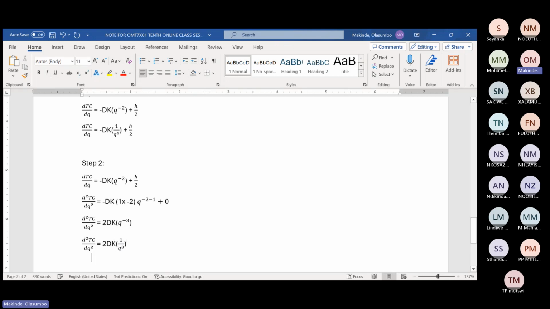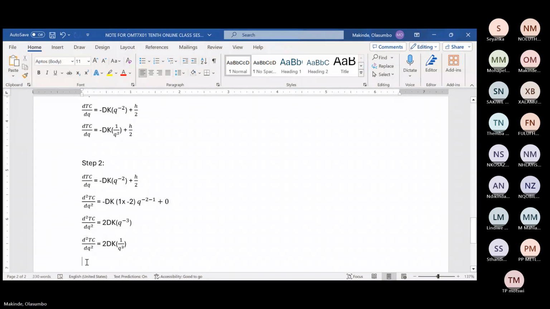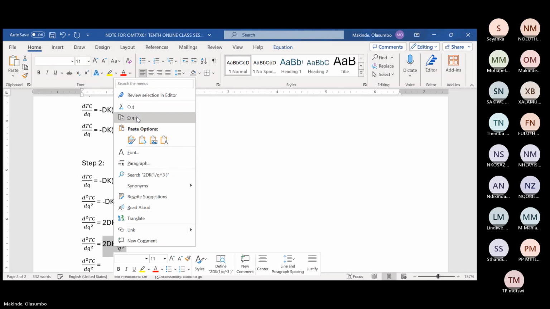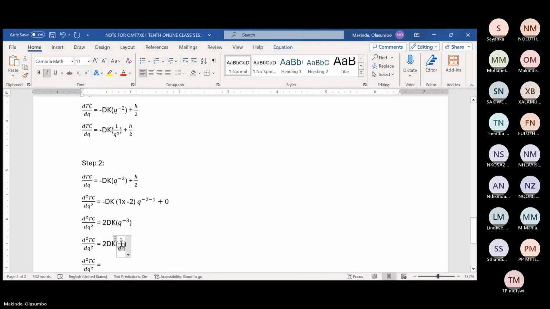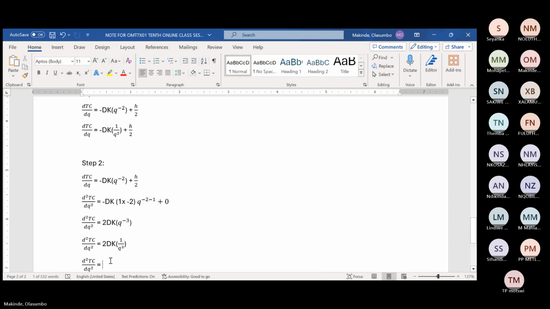So the final expression, if I combine everything for this, it will give me 2DK over Q cubed. That will give me 2DK.